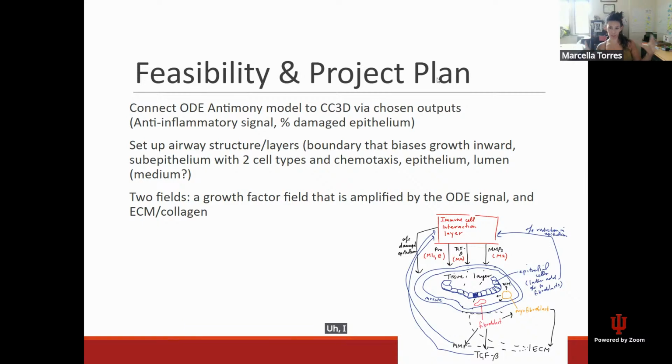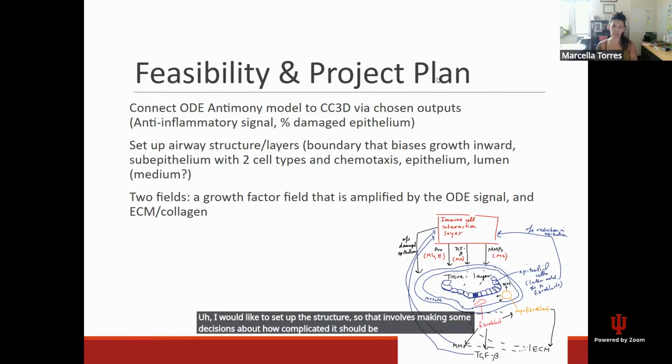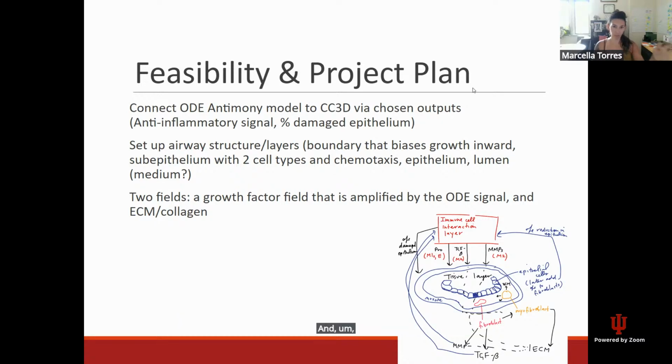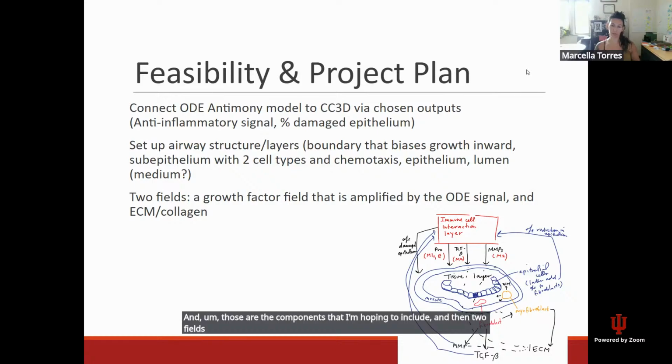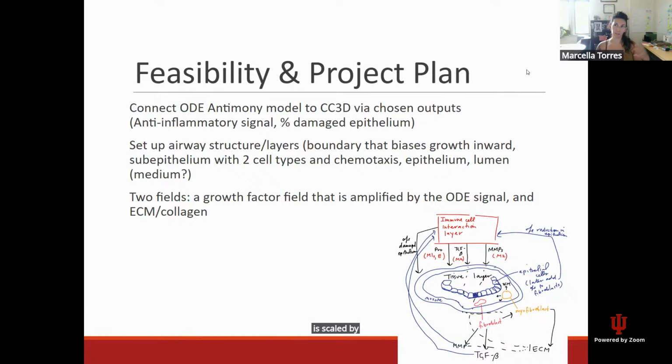I would like to set up the structure, so that involves making some decisions about how complicated it should be. Should it just be layers? Should it be like a cross section? I don't really know at this point. And those are the components that I'm hoping to include. And then two fields: a growth factor field that is scaled by the number of macrophages in the ODE layer maybe, and an ECM collagen field.